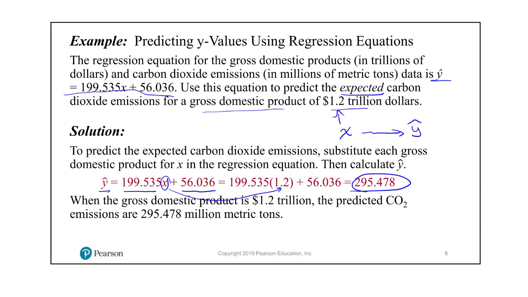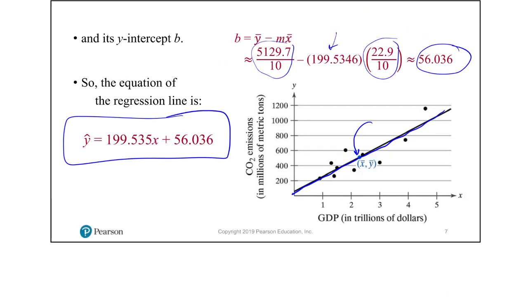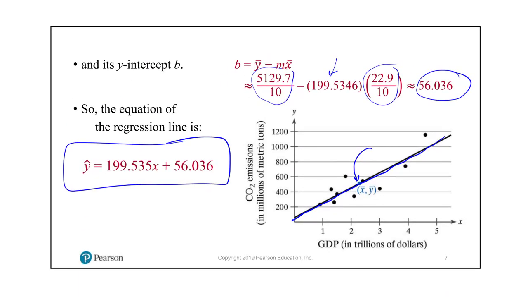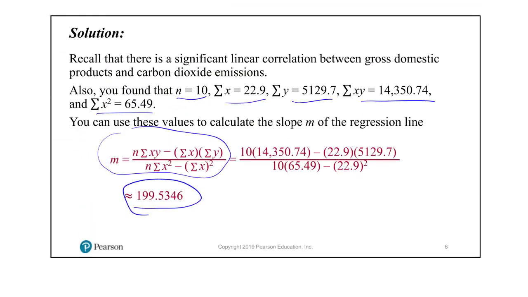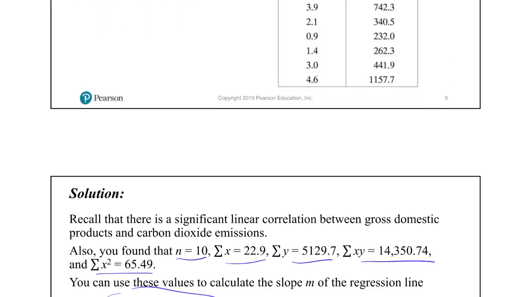Now, an important point about predicting y values using regression equations is that you have to be careful about what y values you try to predict based on what x values you're given. So if we go back to the line here, we see that we basically have values from a little under 1 to a little close to 5, say, as we can see in the data back here.